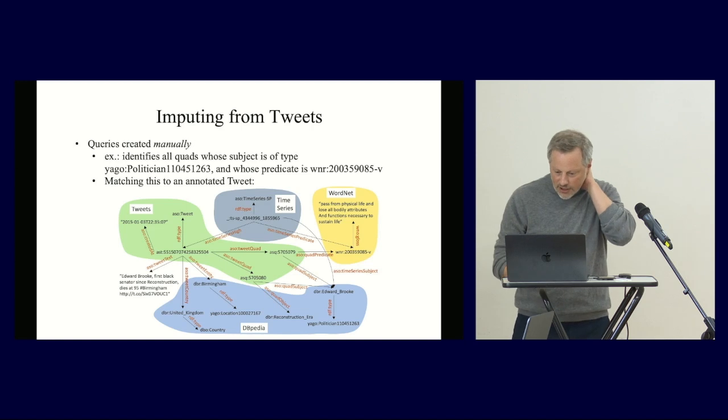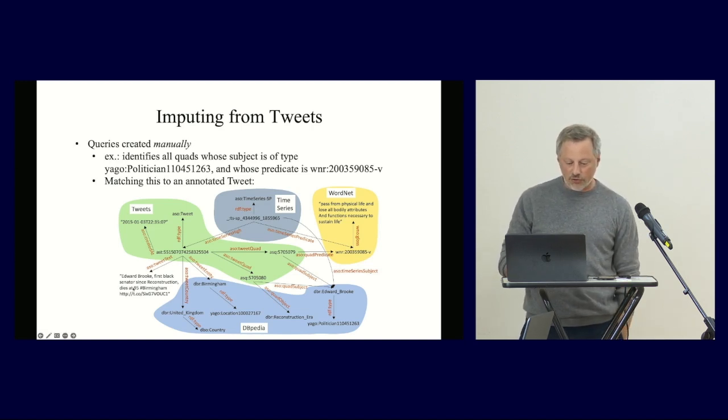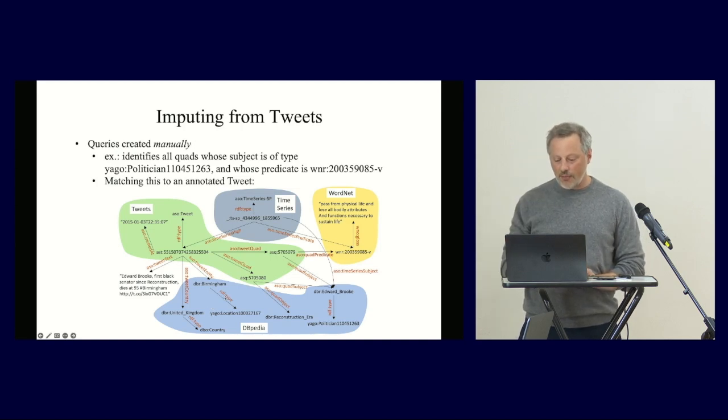So for example, you have this tweet here. Where is it? Yeah. Edward Brooke, first black senator since Reconstruction, dies at 95. So if you can relate this, let's say, Edward Brooke, to where he is, I'm a bit lost in this, but here you have Birmingham, and you have some nodes in DBpedia about Birmingham.